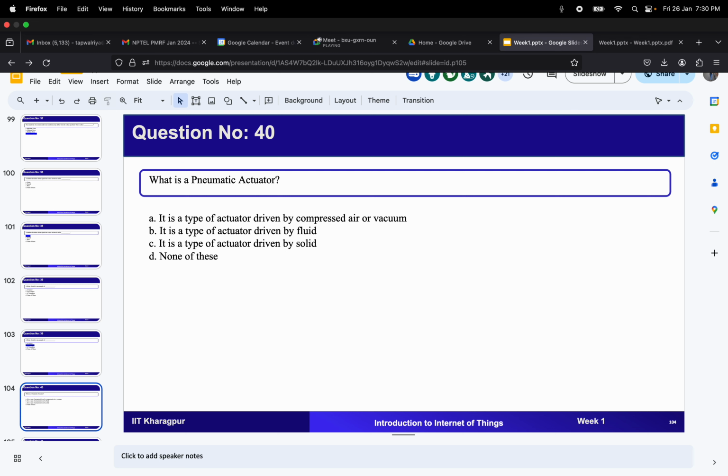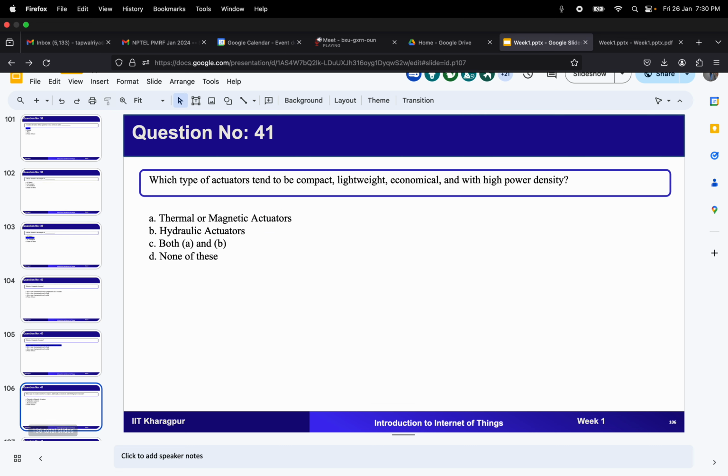It is a type of actuator driven by solid. None of these. A. Yeah, A is correct. It is driven by compressed air or vacuum. Next question is, which type of actuator tends to be compact, lightweight, economical and with high power density? Options are thermal or magnetic actuator, hydraulic actuator, both A and B, none of these.